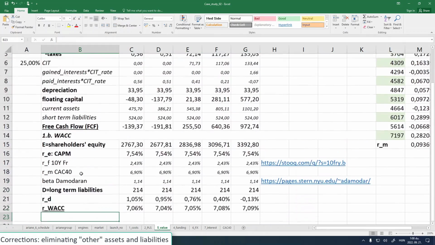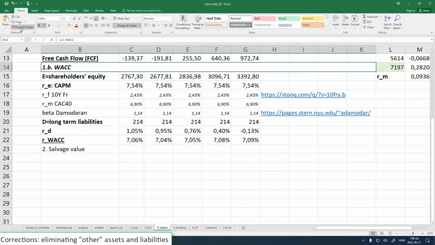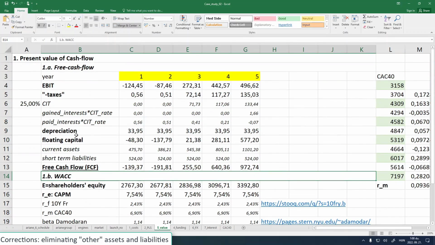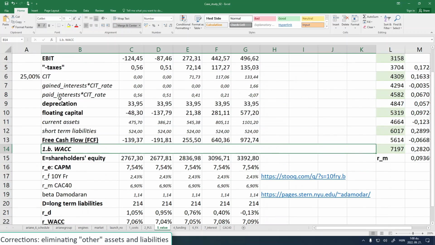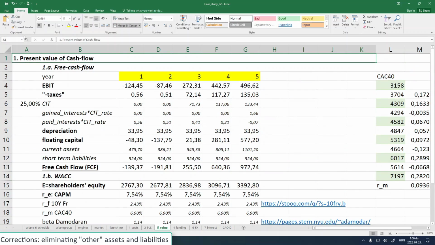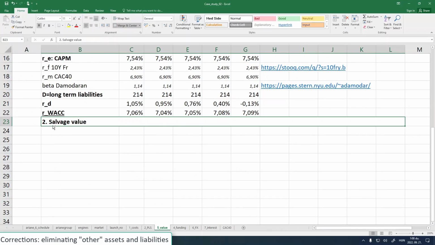So, 1.B, but this is the second, salvage value. I have to use this formatting.